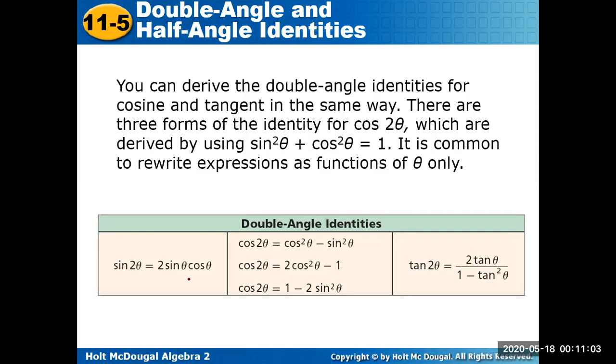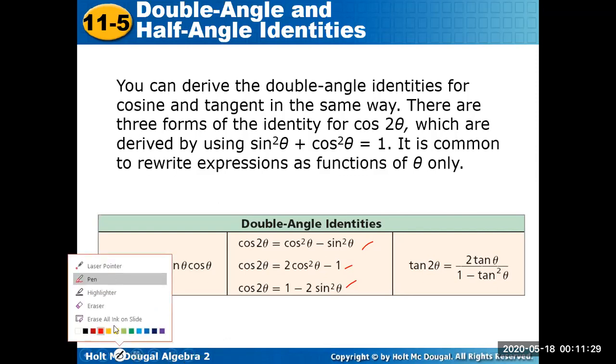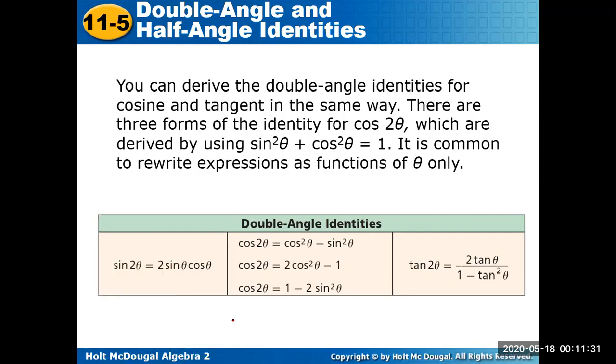Sine 2 theta is 2 sine theta cosine theta. Cosine 2 theta is cosine square theta minus sine square theta, or 2 cosine square theta minus 1, or 1 minus 2 sine square theta. You can use any of the 3 identities according to whatever is given to you.